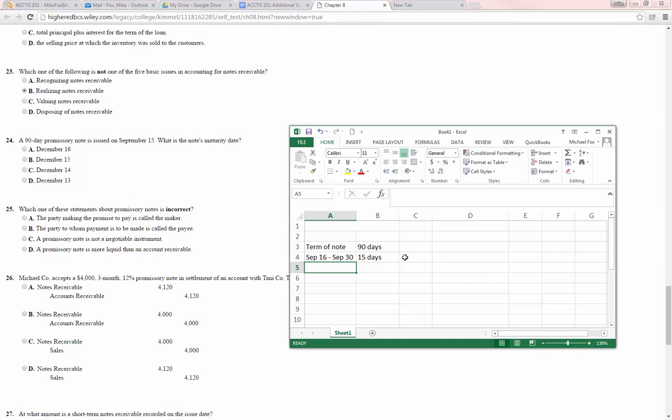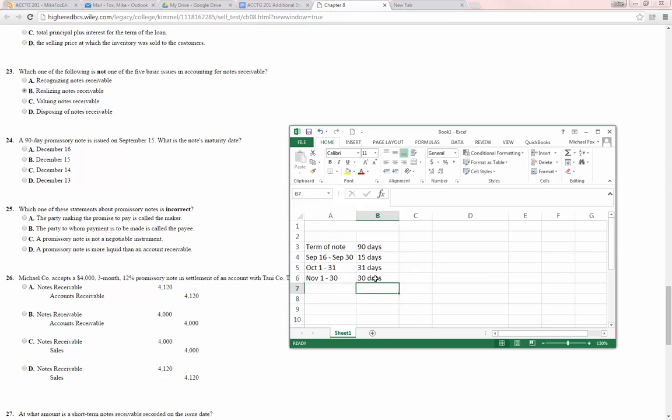And then we have October 1st through the 31st, which is 31 days. And this is kind of a pain, but I don't know a better way. November 1st through the 30th, which will be 30 days.